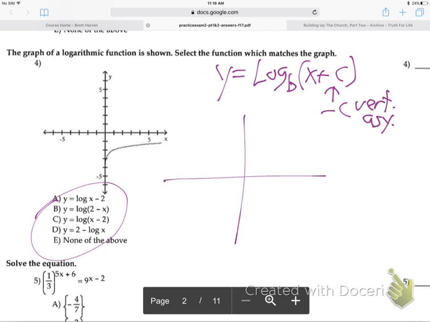So that means back here at negative c, that's a c there. At negative c will be a vertical asymptote. There will be a dot, 1 unit to the right, and then it's concave down, but it goes up to the right forever, like that. That's the general, unless there's been flips and stuff, that's the general look of a log graph. So you want to have that in your 3x5 card.